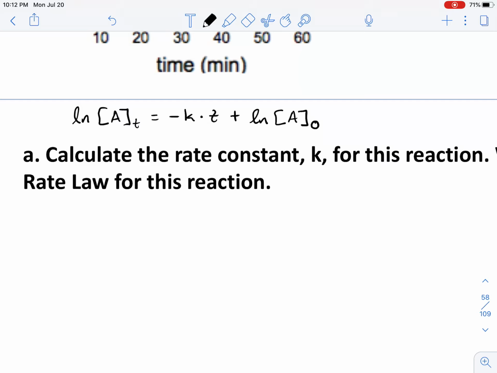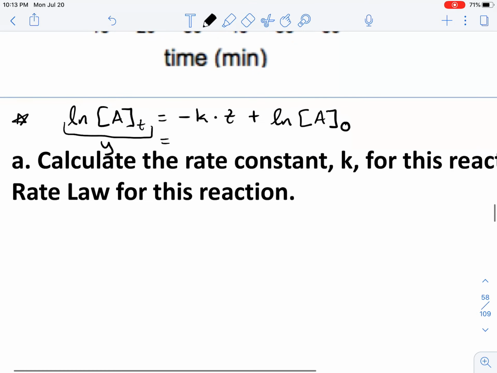This equation is the expanded form of the integrated rate law for first order kinetics. And if you guys recall, we can overlap this equation with the equation of a line, y equals mx plus b.